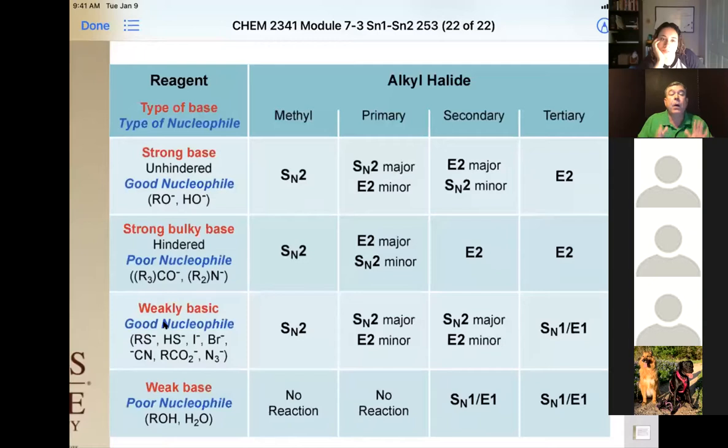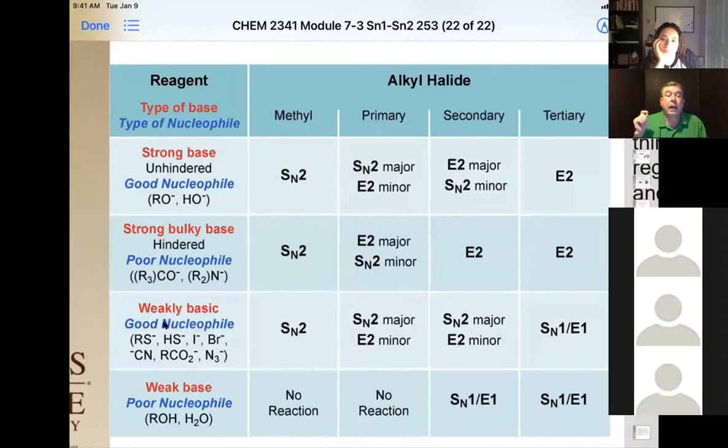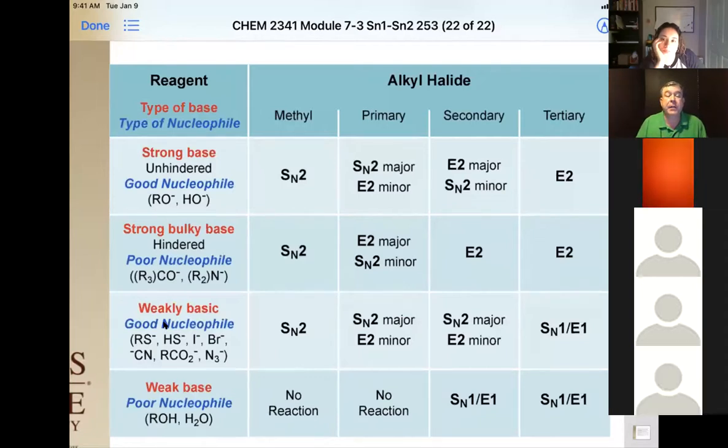Now, once we switch over to primary, now we have a beta carbon. And with that beta carbon, we have a beta hydrogen. That means we can remove a beta hydrogen and elimination reactions become available to us. So if we have a good nucleophile, our SN2 is going to be major.